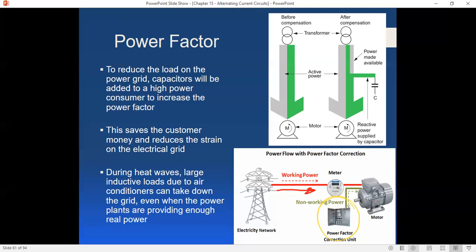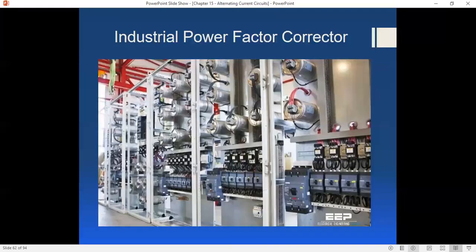It just means that they have more power flowing over their lines. So these power factor correction units, which are actually big banks of capacitors, here you can see relays, breakers, and other things. Here are the big capacitors right here. They will help correct for the phase between the current and the voltage.